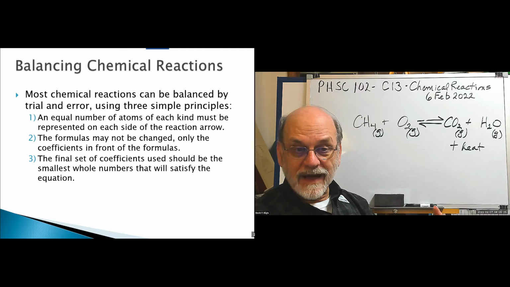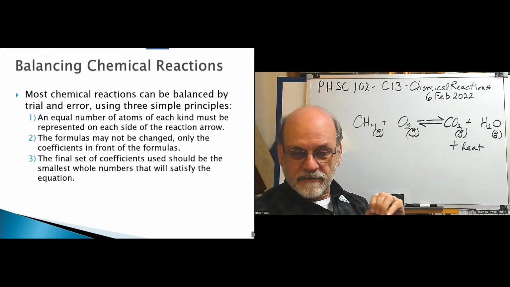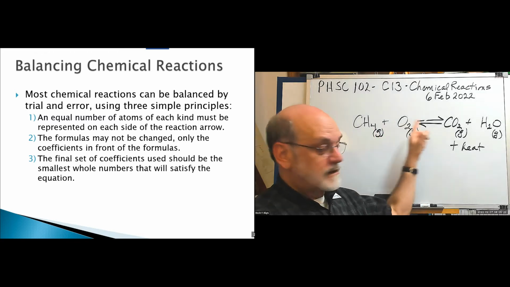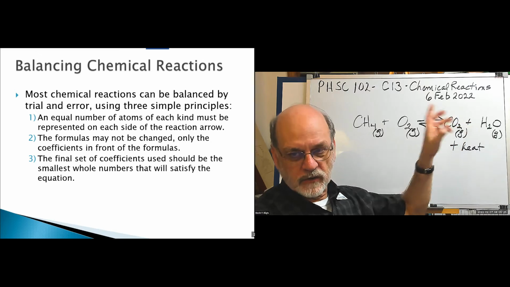Can you divide them by a whole number and reduce that value? The final set of coefficients of the equation should be the smallest whole number ratios possible.